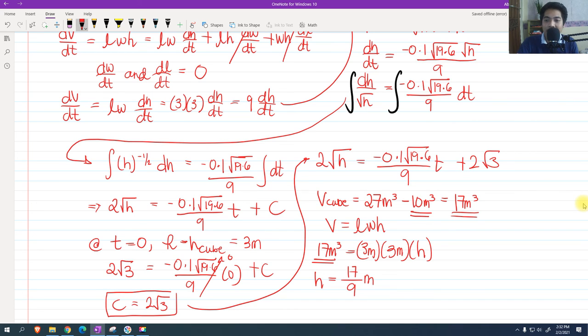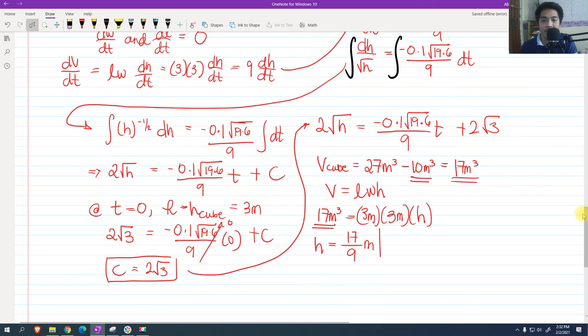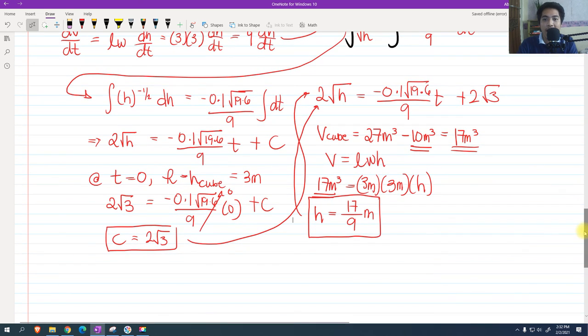So why did we get that? So that we can substitute this height, when 10 cubic meters is removed from the pool, into our equation to get the time it takes for that to happen. Substituting the height, we know that the volume at this height is 17 cubic meters, as 10 cubic meters was released.